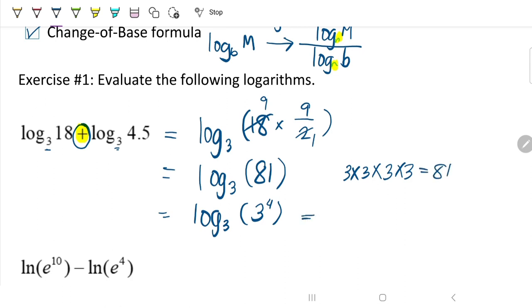Therefore, our answer is, by the power rule, we can move the 4 to the front, giving us 4 times log base 3 of 3. So by the property of logarithm, this is equal to 1. So 4 times 1 is 4. So our answer is 4.